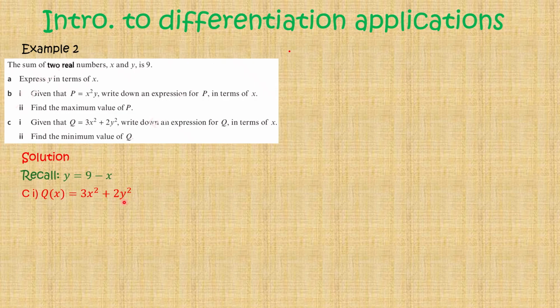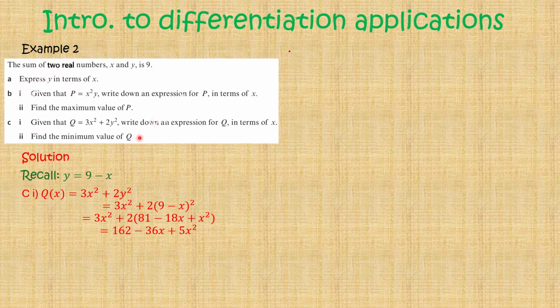Therefore, where we have y, we substitute with 9 minus x so that we get 3x squared plus 2 times 9 minus x squared. And of course, expanding the squared bracket, we get that. And simplifying further, we get 162 minus 36x plus 5x squared. That will be our q of x.